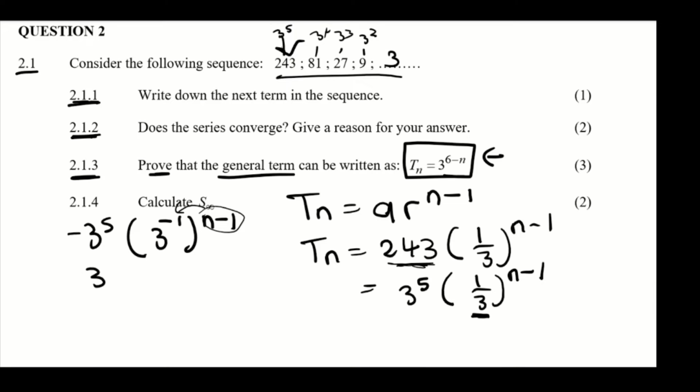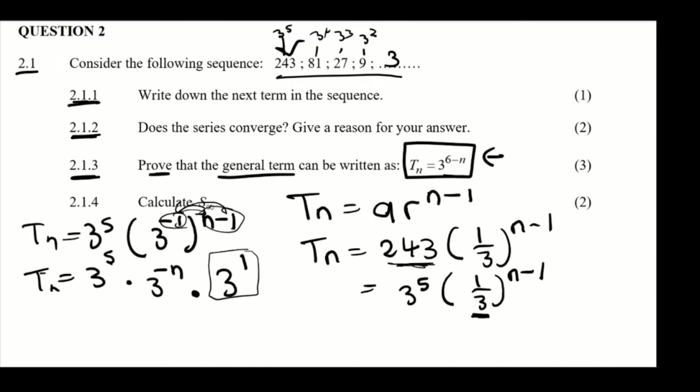So Tn is going to be 3 to the power of 5 multiplied by, so this minus 1 multiplied by n is going to be 3 to the power of minus n, multiplied by this minus 1 again, which will multiply the negative 1. It's going to be 3 to the power of 1, right? So we're going to add the exponents of these two terms.